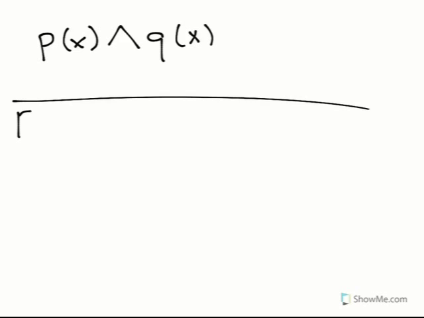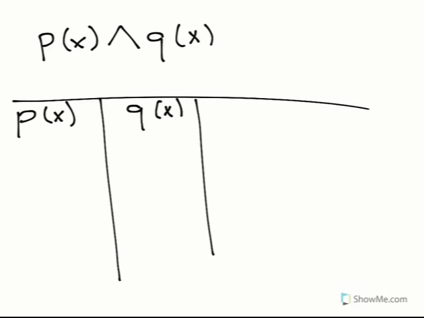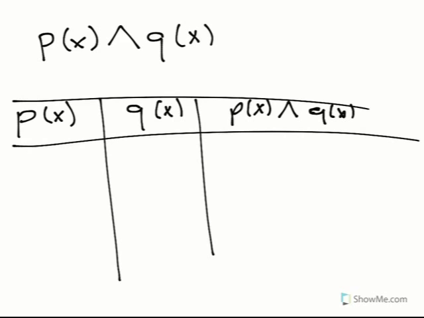For example, imagine that I want to know how many ways of truth this would have. So we do our table of truth, where we label the column p of x, another one q of x, and the last one for this one, right there.